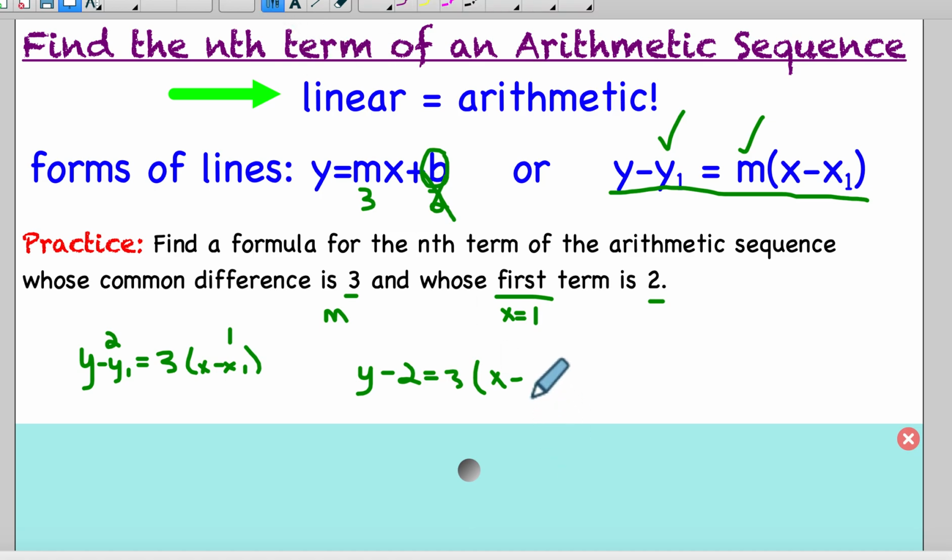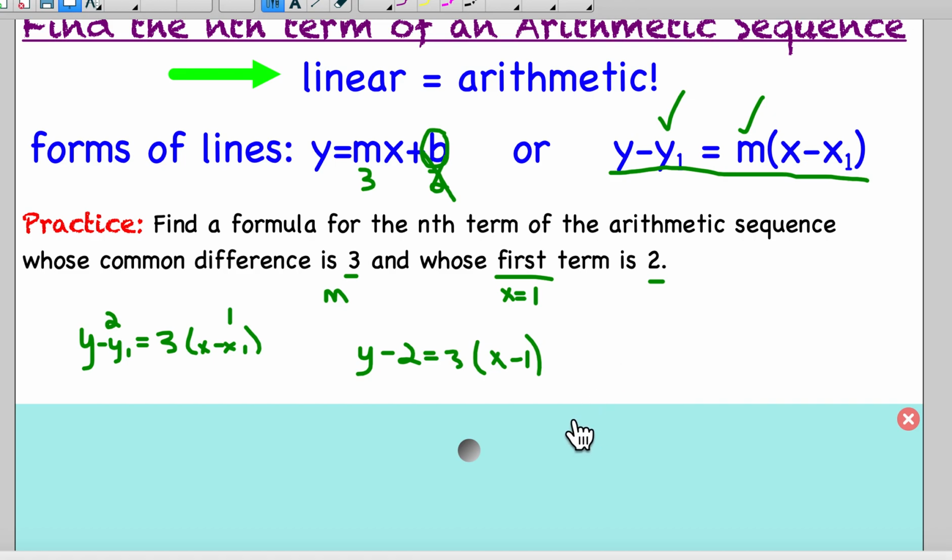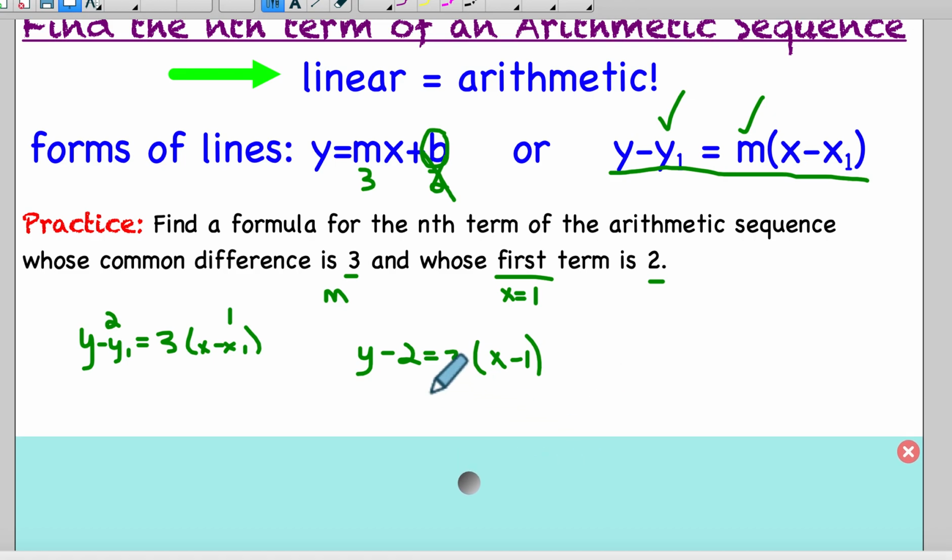Now again, these are not lines, so we don't want x's and y's. I'm going to actually replace them with a sub n's and n's, but we can start with the y's. I know it seems confusing, but we're going to get rid of these in a second. What I want to do is get this y by itself, almost like slope-intercept form. So we're converting from this to this.